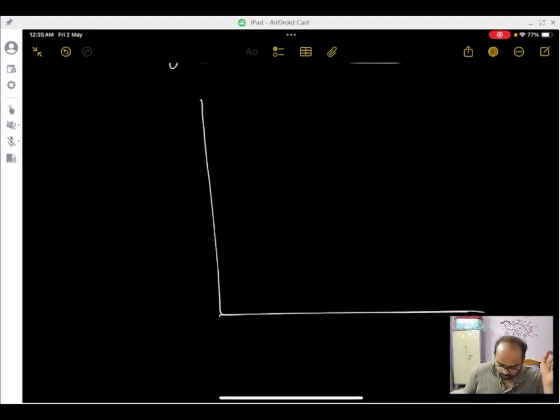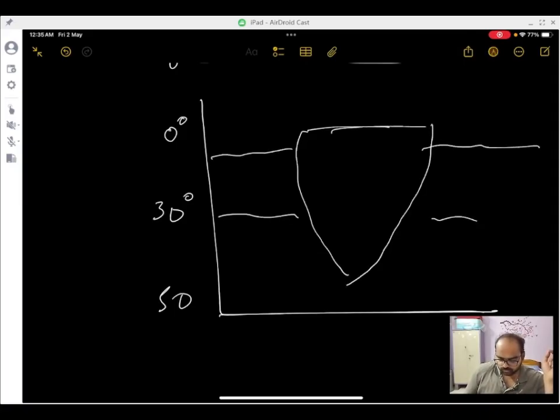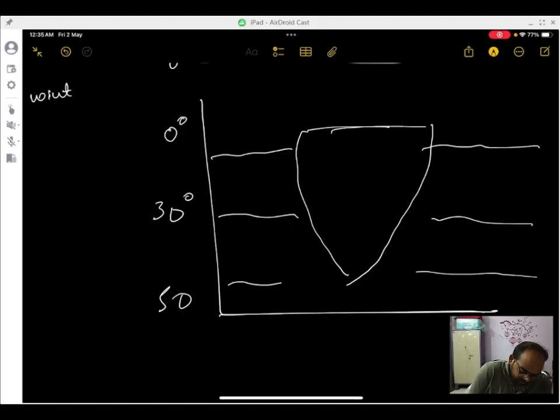So equator 30, 50. Similarly, we take a landmass, ocean. It is winter in the southern hemisphere. So from the equator to poles, temperature reduces.